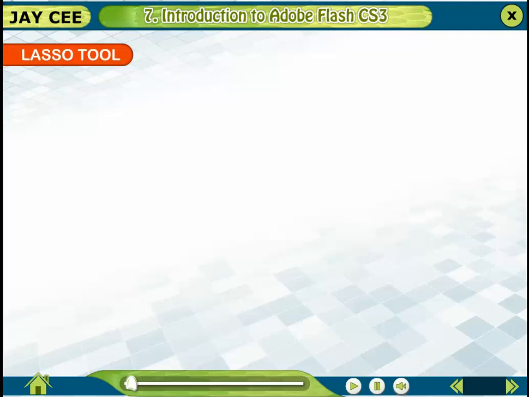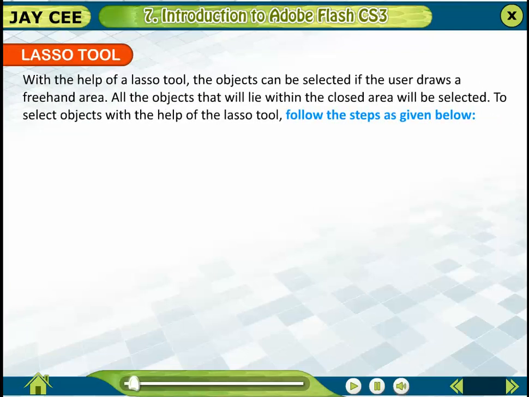Lasso tool. With the help of a lasso tool, the objects can be selected if the user draws a freehand area. All the objects that will lie within the closed area will be selected. To select objects with the help of the lasso tool, follow the steps as given below. Step 1.